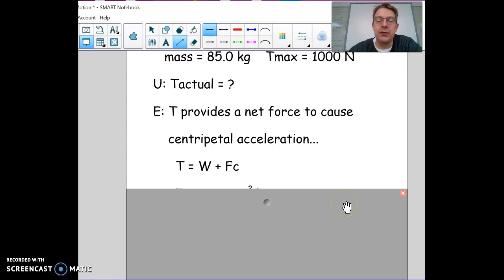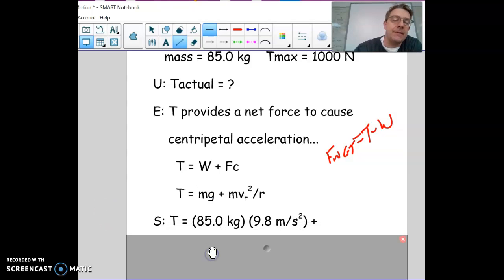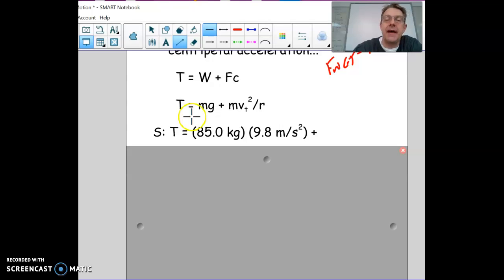The other way I wrote it on the other side was my net force equals my tension minus my weight. I'm just reversing it a little bit, because now we can say that my weight plus my centripetal force is going to equal my tension, because really my weight is being offset to begin with, and then this is providing a little bit of extra kick to it.